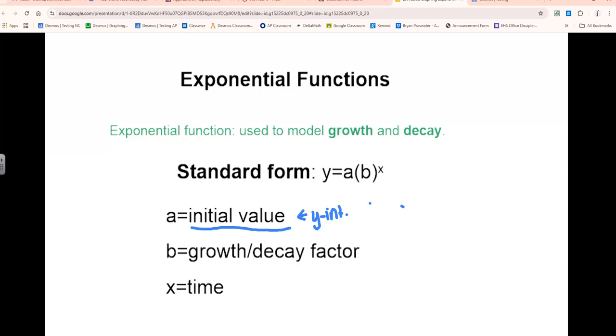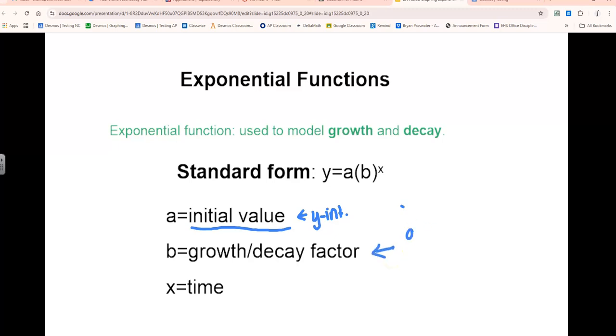It could be like an increment of time that is not a specific time, like the number of rounds in a tournament. Like, whenever the NCAA tournament happens, you start with 64 teams, then there's only half of that. That's an exponential equation, although the time frame is the number of rounds, not a certain number of days.